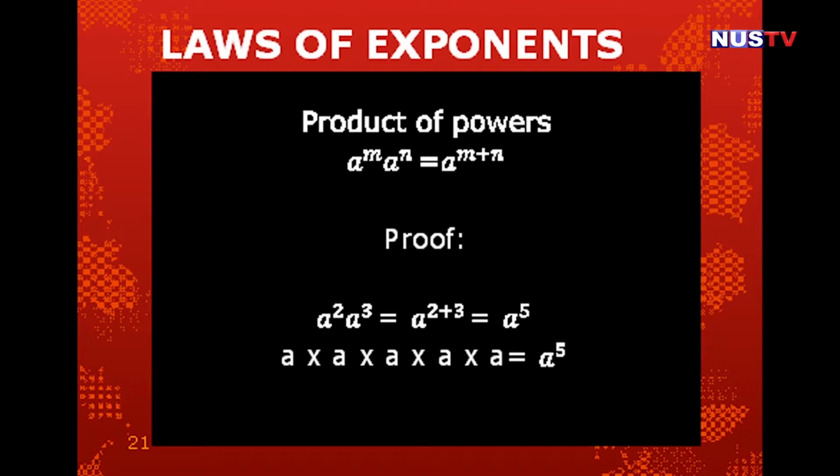So if you have a look at the bottom, you have a times a, which is a to the power of 2, and then continue the multiplication with a to the power of 3, you have 3 more a's. The a is being multiplied 5 times. So that's why you have a to the power of 5. You get that?